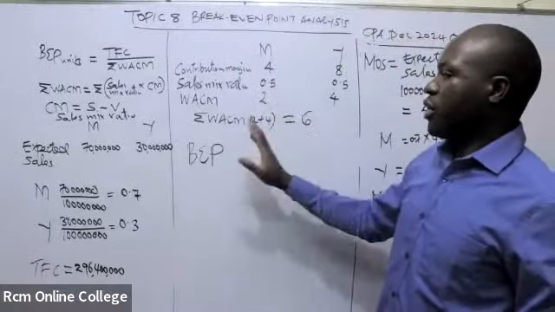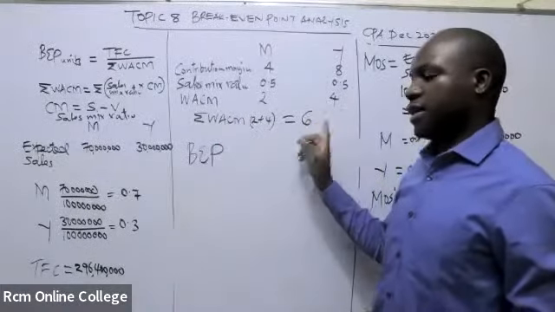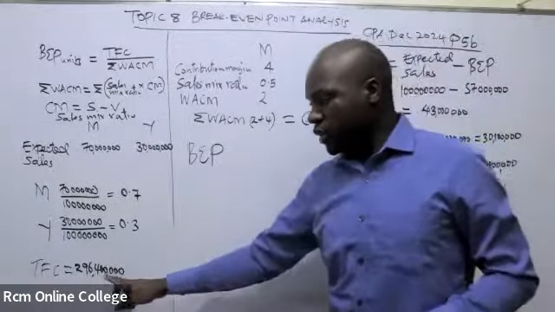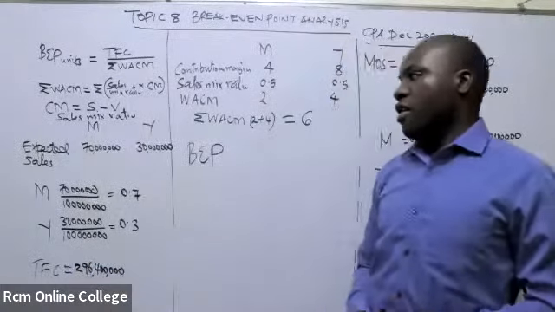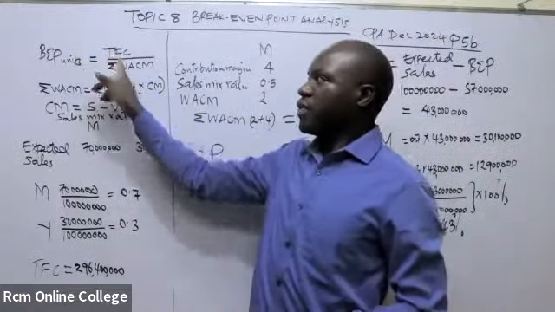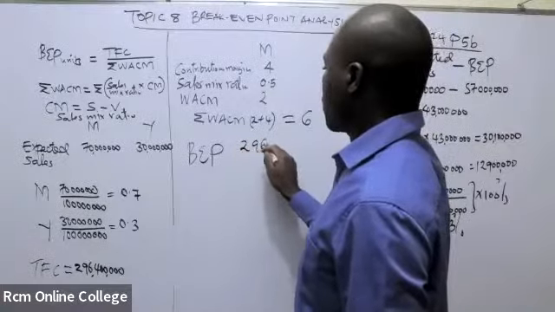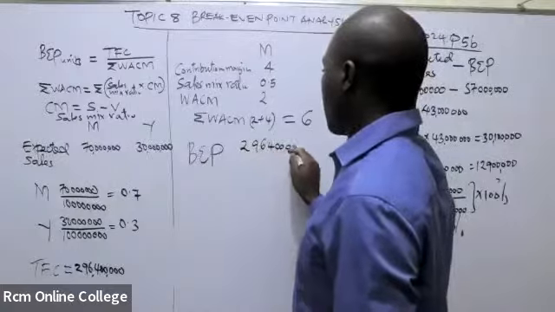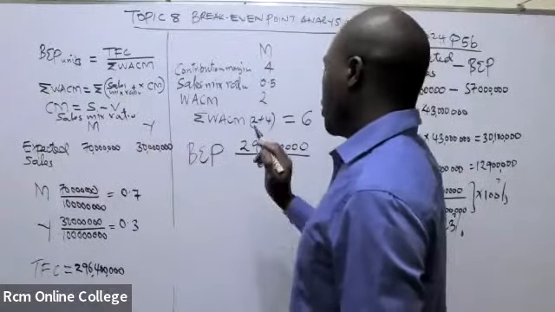If you work it out, the summation of weighted average contribution margin is 6. Our total fixed cost is 296,400,000, and our formula for the break-even point is total fixed cost divided by the summation of weighted average contribution margin.